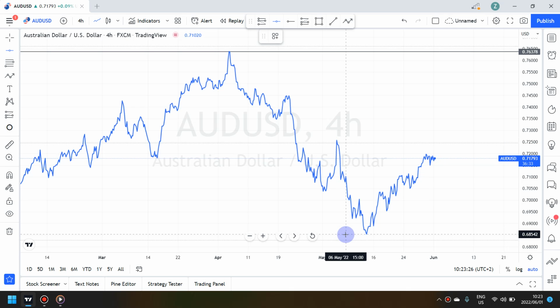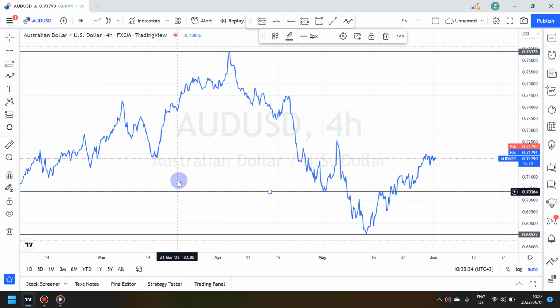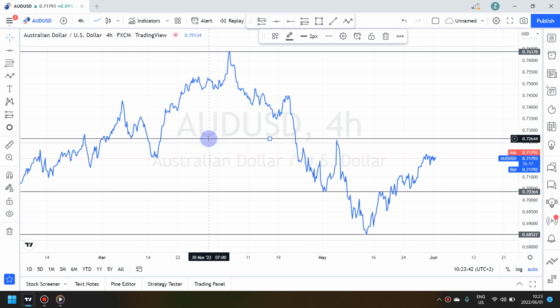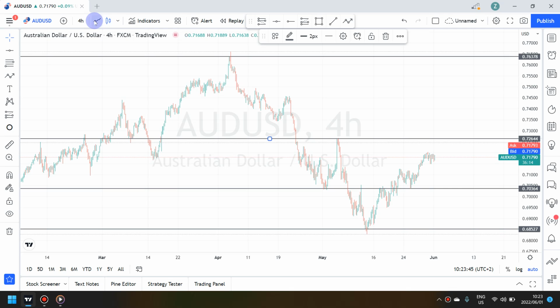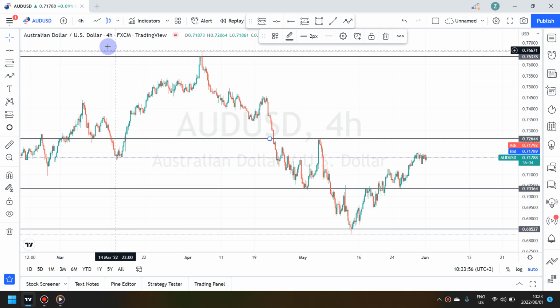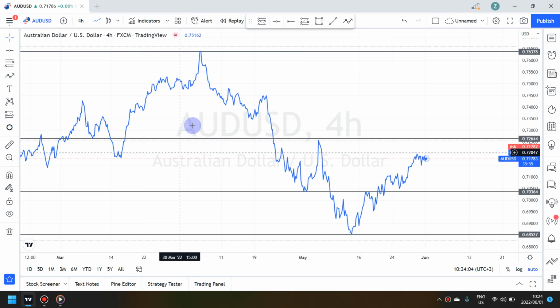And I start by identifying my highest high and my lowest low, and then my previous highs and lows. Okay, so here I have my 4 key levels.